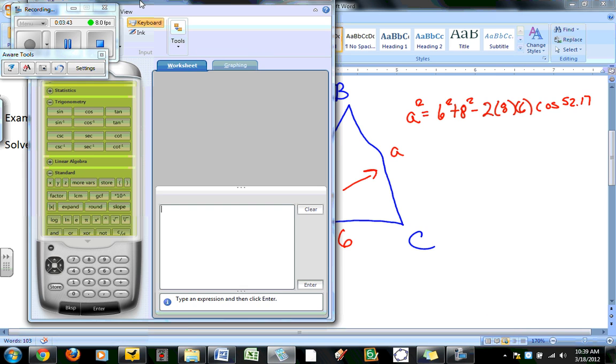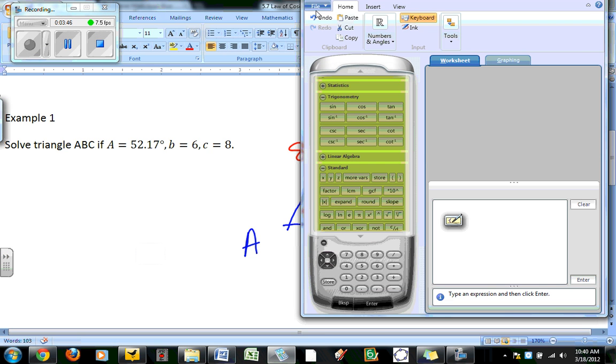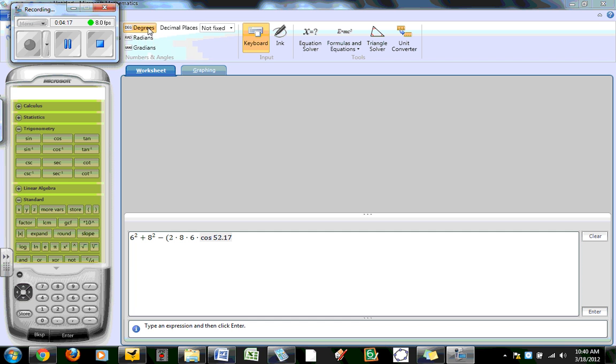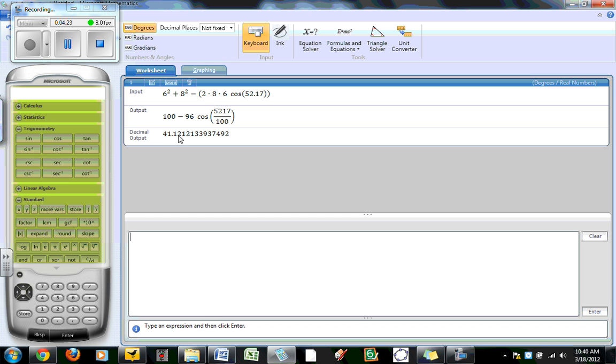So it's 6 squared plus 8 squared minus, in parentheses, 2 times 8 times 6 times the cosine of 52.17. I better make sure this is in degrees. Okay, my calculator is in degrees. So let's hit this, and we get 41 point something.